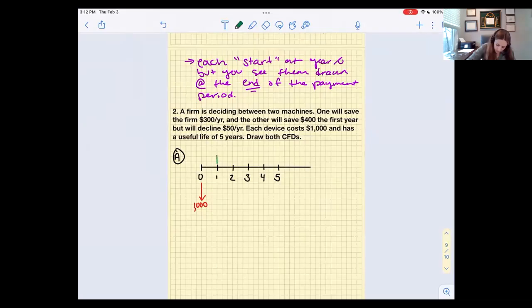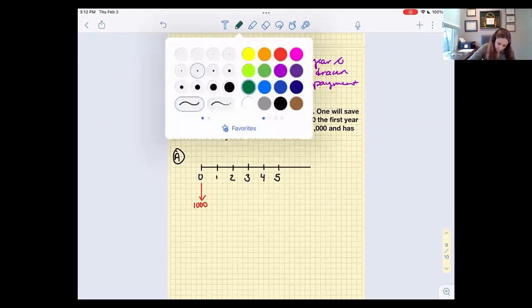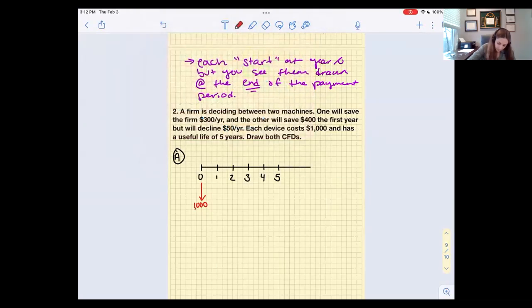So you could draw an arrow of 300 at each year, or like I said, you could just draw the first one and the last one and connect the dots, and that implies that there's the same arrow everywhere, and then just label it as 300. So either one's acceptable.